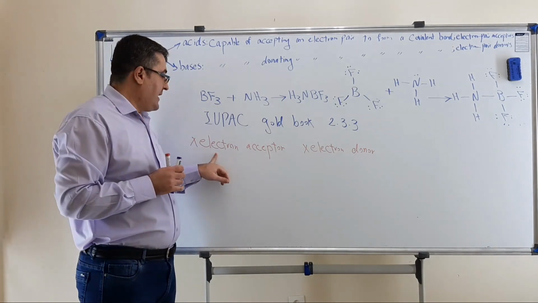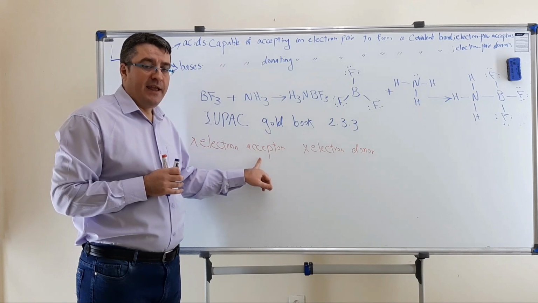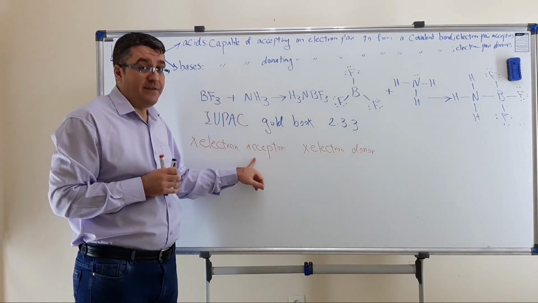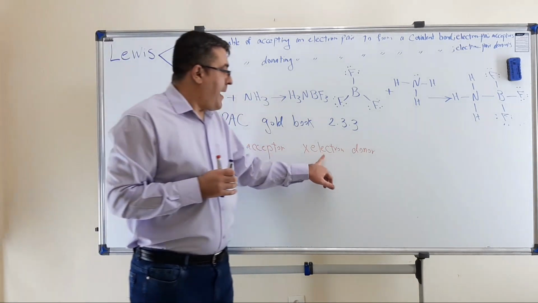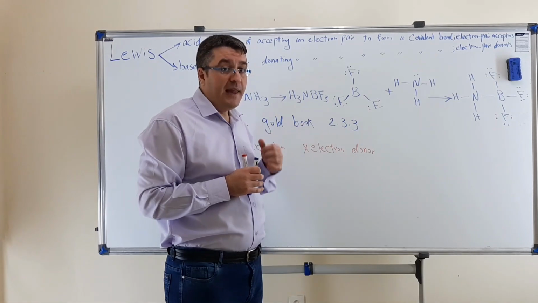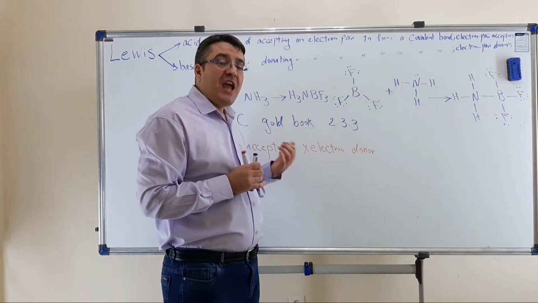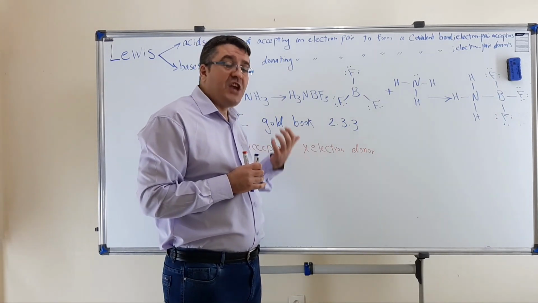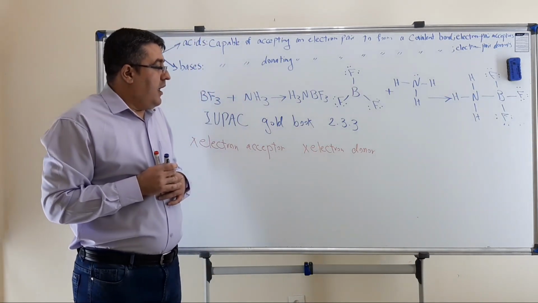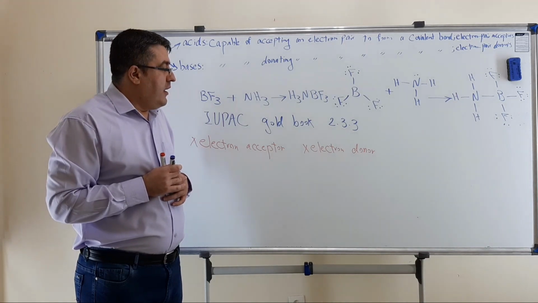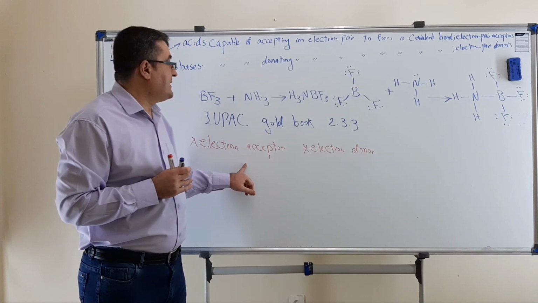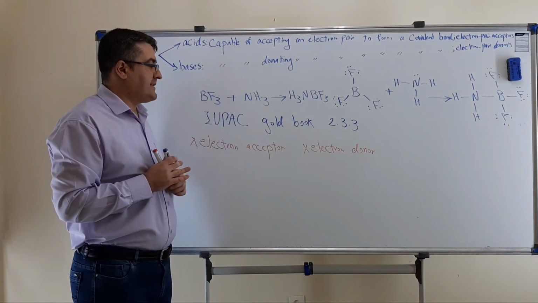IUPAC considers the term electron acceptor as a term for a molecular entity to which an electron may be transferred. And IUPAC considers the term electron donor as a term for a molecular entity which can donate an electron, which can transfer an electron. IUPAC considers these terms as obsolete synonyms for Lewis acids and bases.